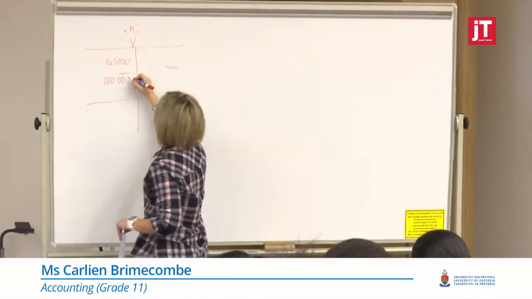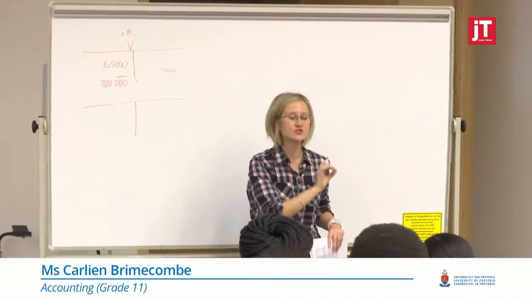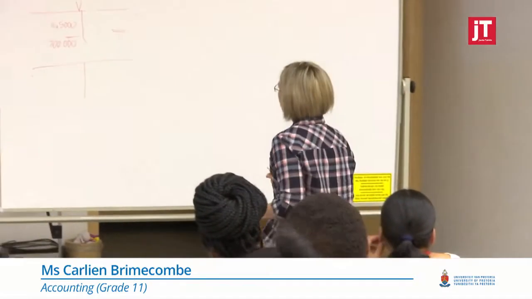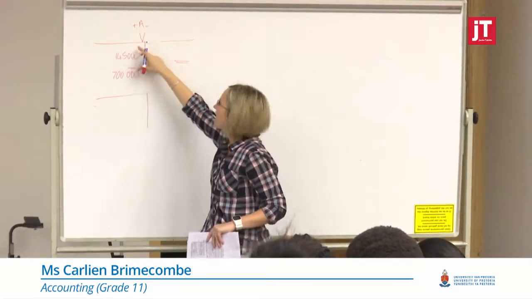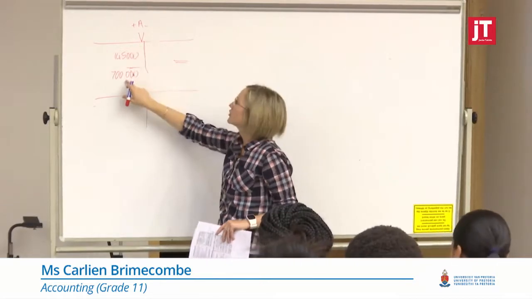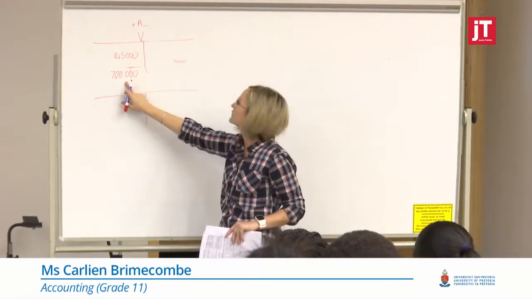They didn't say that the 145,000 was not yet recorded. It said it was purchased on the 1st of June. We need to know when we purchased it because we need to calculate depreciation on the old plus the new plus that which we sold. So in your tangible asset note, I need to work out the cost in the beginning. The cost at the end is 700,000, so how do we get the cost in the beginning?